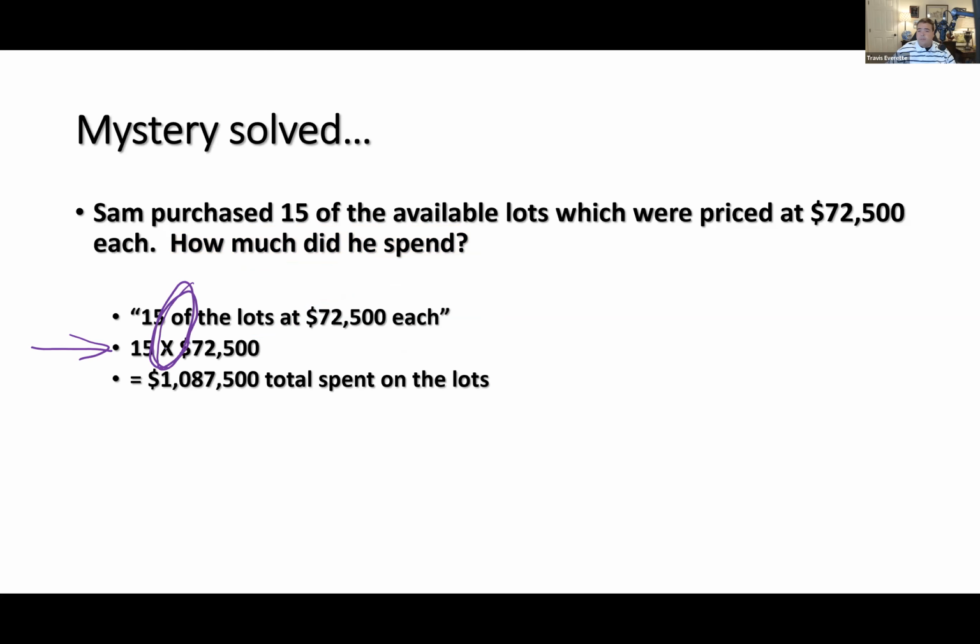Now, if you type that into your calculator exactly like that, 15 times 72,500, you'll come up with the correct answer, which is $1,087,500 spent on the lots.